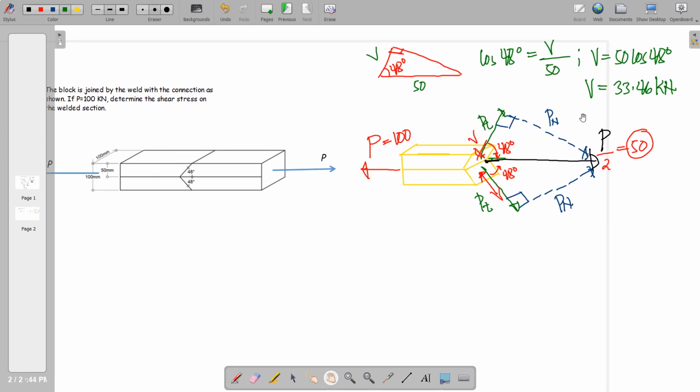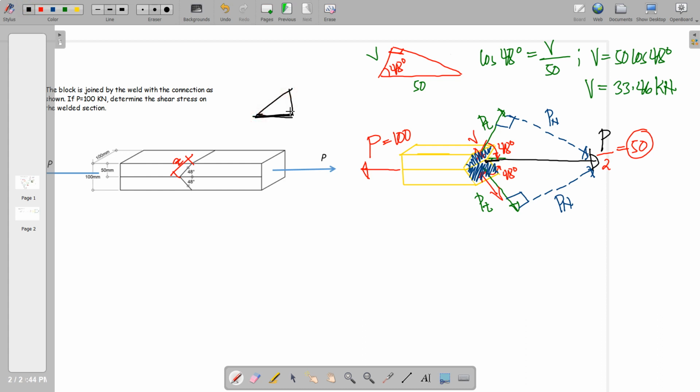Now that we have derived this, we will now determine the shear area. I'll just have to shade this area here, and that area is derived by having, I'll just denote this to be Z. For that Z, we'll just have to consider a right triangle.